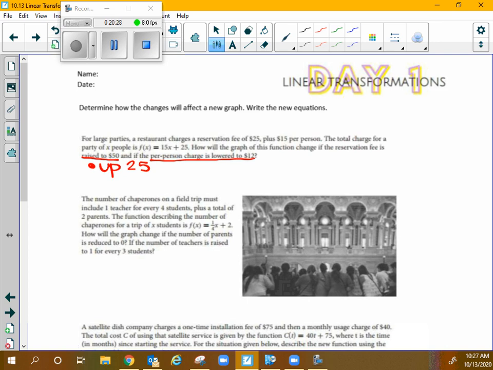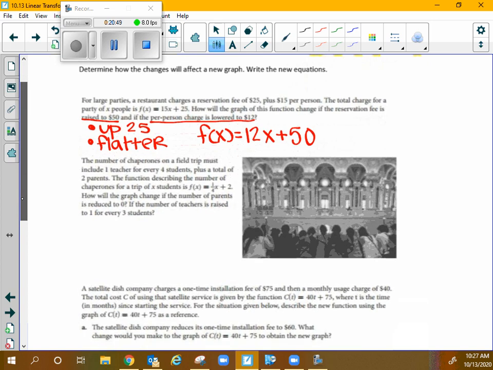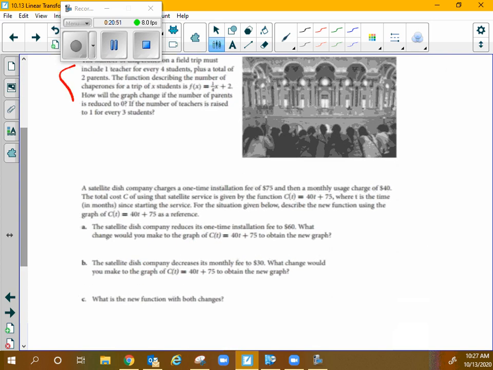They lowered the slope, which would do what to our line? Flatter. Now, I need to make a new equation. f of x equals 12x plus 50. Good. Okay. Y'all do these two.